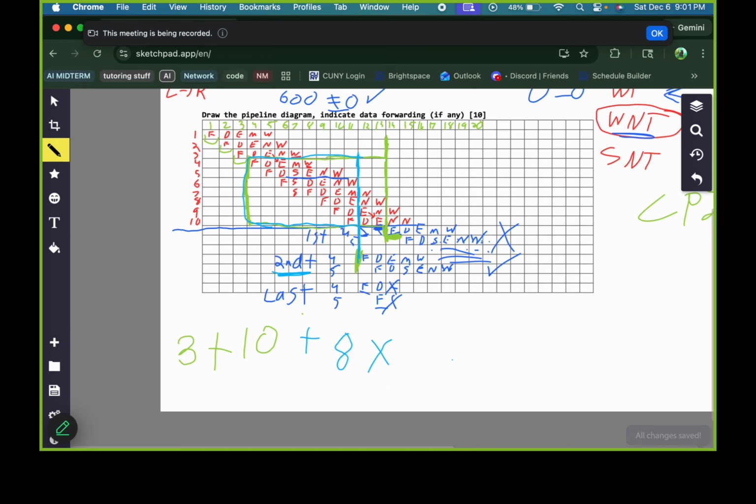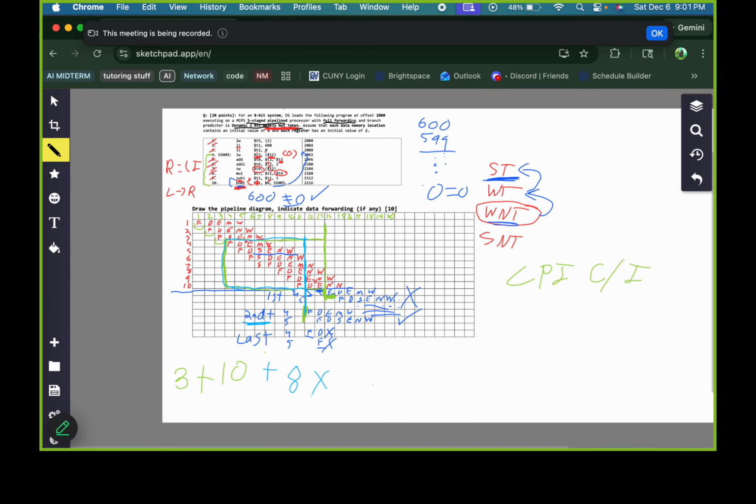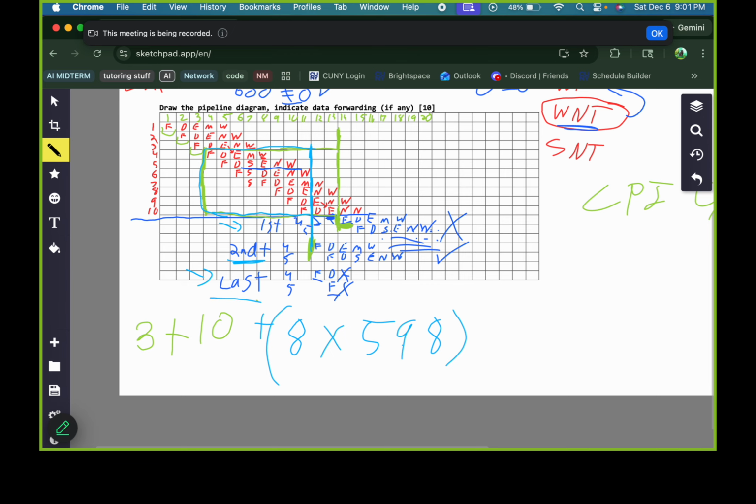How many times is this thing going to be running? Well, we know that it's running 600 times total. And the first and the last are going to be special cases. So therefore, it's going to have this normal condition, which is when our branch predictor was correct, 598 times, or actually 590. Yeah, let's stick with that for the time being until we find what our last is going to be. Now, our last, if we notice, is also fetching an instruction here, right?